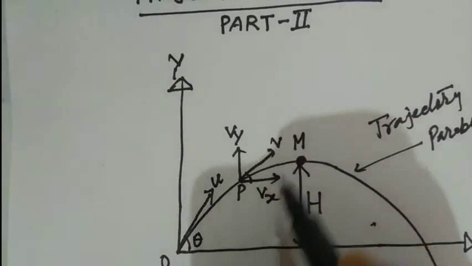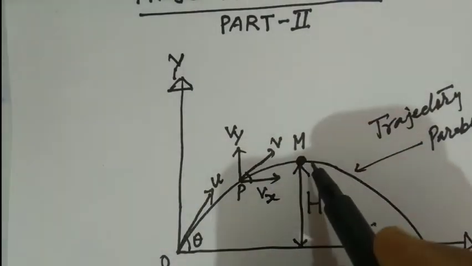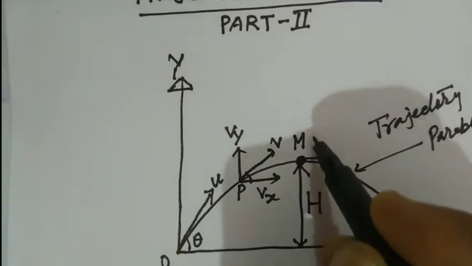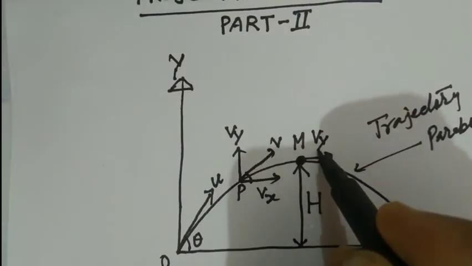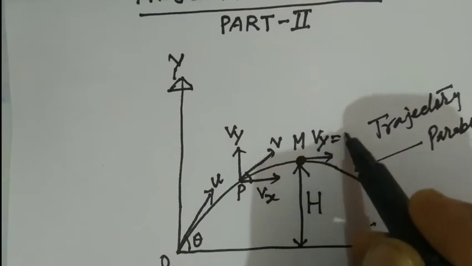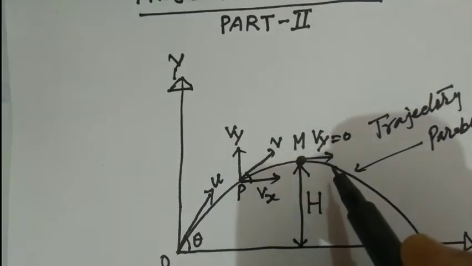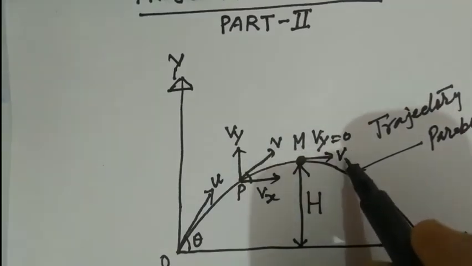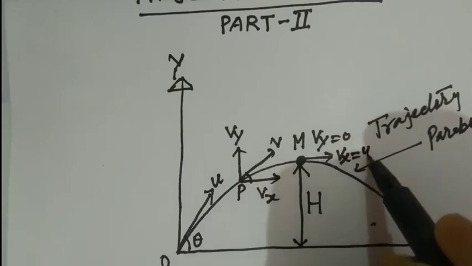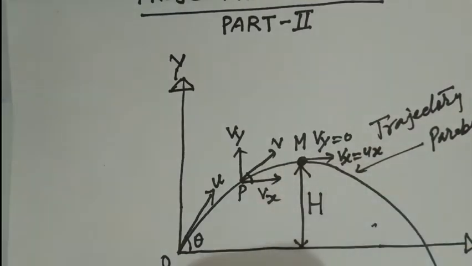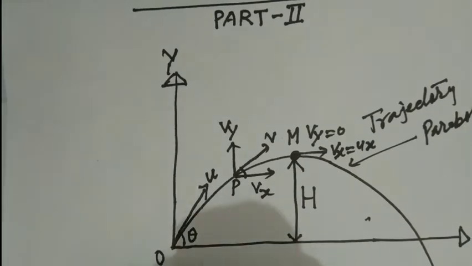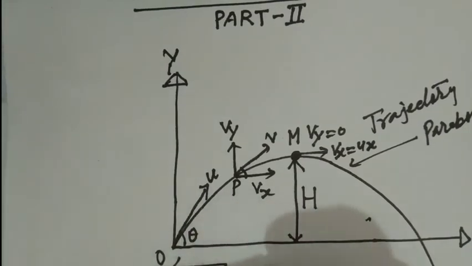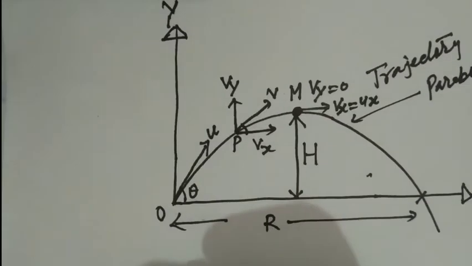Now the velocity component along y becomes 0, but the velocity component along x is equal to ux, because velocity along the horizontal axis in two-dimensional motion is always constant.